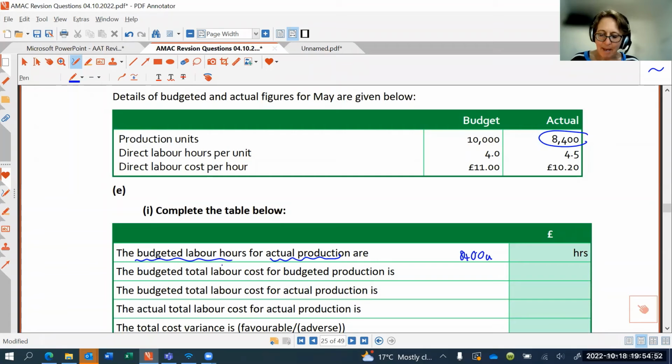And the budgeted labour hours? Well, under the budget, it does tell me I need 4 hours for 1 unit. But if I need the budgeted hours for actual production, I need 4 hours for each of the 8,400 I'm planning on doing. So I need to multiply 4 times 8,400. So we're looking at 33,600 in there. And we approach every bit of the question just like that.